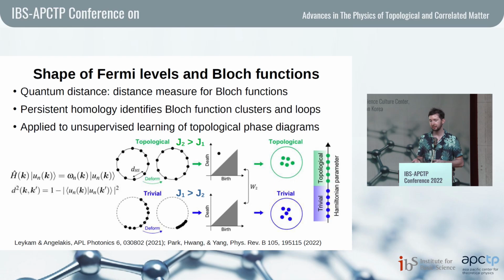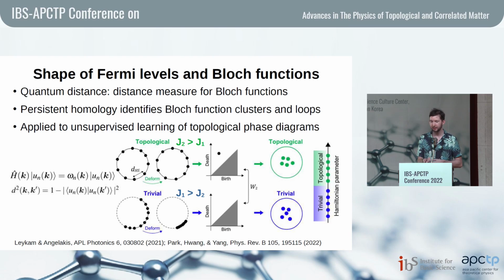Equipped with this data and this metric, you can use persistent homology to identify the high persistence features of these Bloch functions and thereby distinguish topological phases from trivial phases.